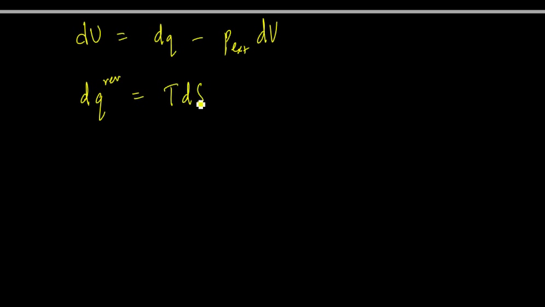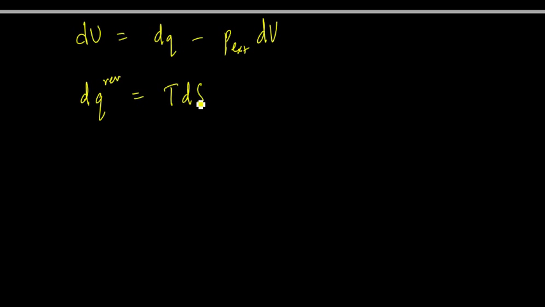So let's say we have the first law, which is dU is equal to dq minus P external dV, right? And we have the second law, which says dq reversible is equal to T times dS, right?